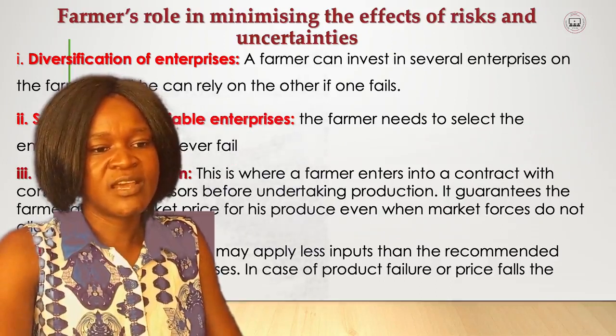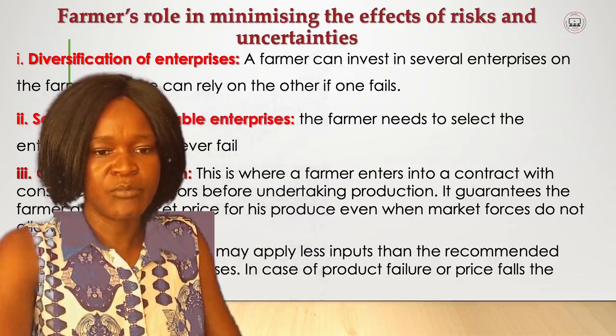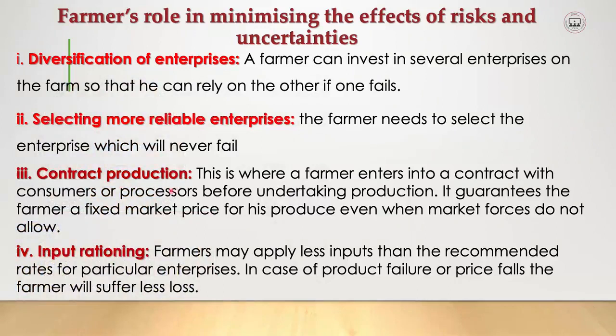Apart from that, another way through which a farmer can minimize effects of risks and uncertainties is contract production. This is where a farmer enters into a contract with consumers or processors before undertaking production. This guarantees the farmer a fixed market price for his produce, even when market forces do not allow.